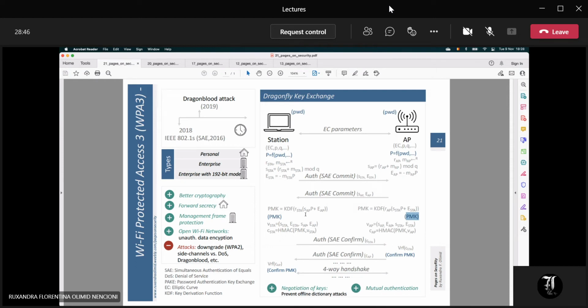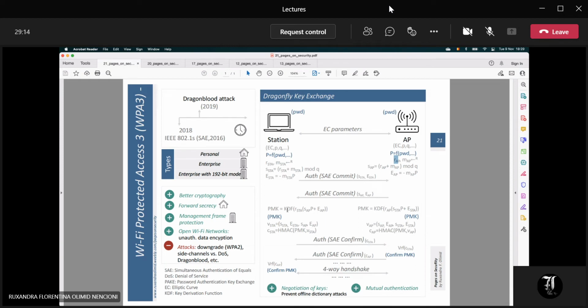These values, R and M, are chosen one by the station and one by the AP. So it cannot be something computed offline beforehand; it needs to be online. So we cannot do anything offline because of that. Okay.